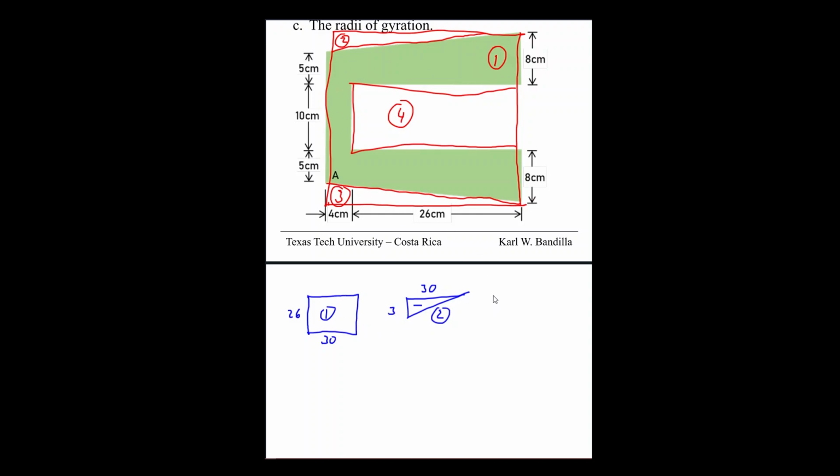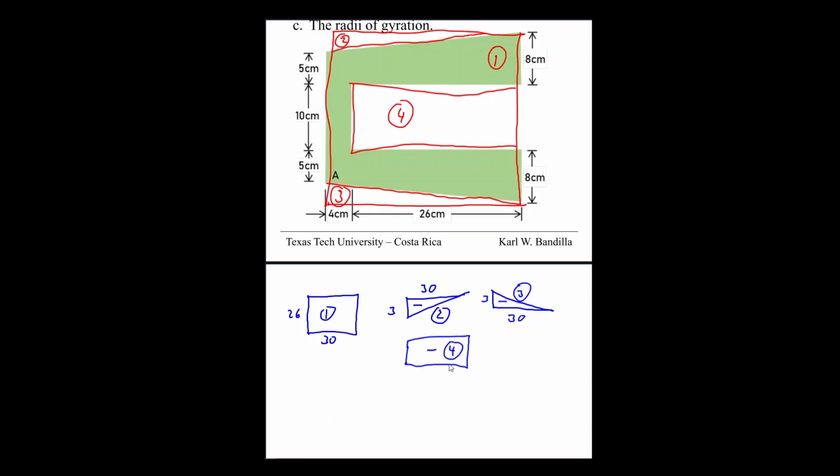Then we have the one down there, another triangle, so that would be number 3. Also negative. The width, of course, also is 30. The height is the same as 3, and then we're left with the third hole, which is a rectangle.